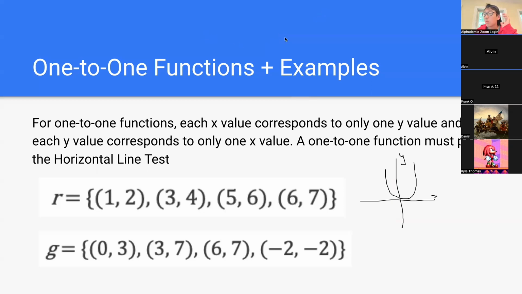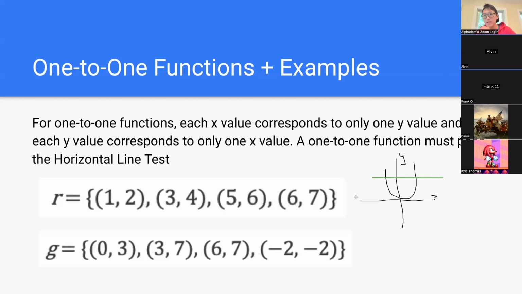However, for it to be a one-to-one function, it has to pass the horizontal line test, meaning that whenever we draw a horizontal line, it cannot touch the function in more than one place. So in this case, it would not pass the horizontal line test. So it would be a function, yes, but it wouldn't be a one-to-one function.